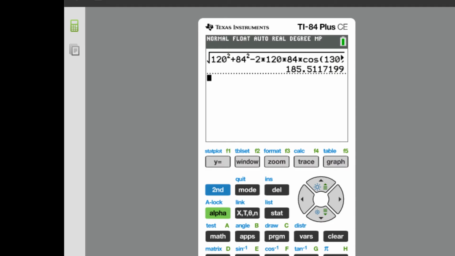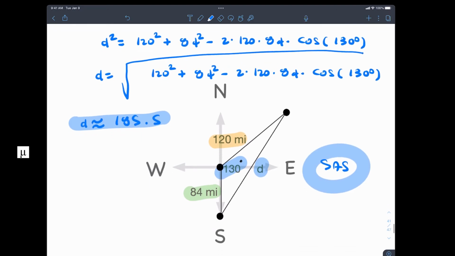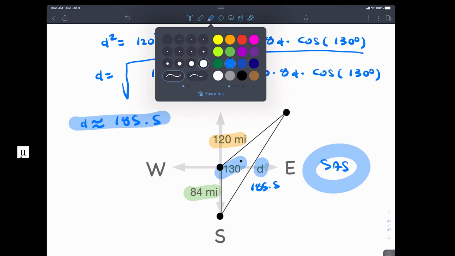If you go out to the nearest tenths, there you go. So we found the distance that the boats are. It's 185.5. So, ladies and gentlemen, take a look here.